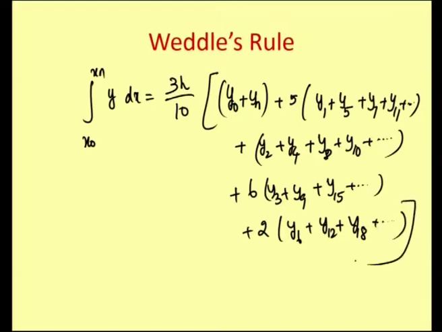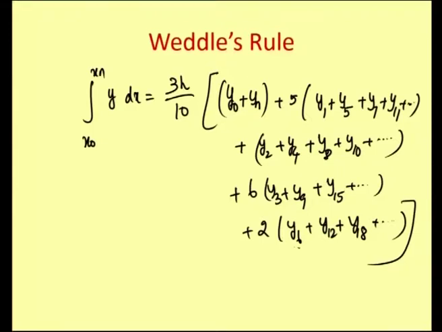The formula goes like this: y0 plus yn is the sum of first and last ordinate. First of all, multiples of 6 are picked out, that is y6 plus y12 plus y18, which is multiplied with 2. Then multiples of 3 are picked out, and if 6 happens to be a multiple of 3, that is accounted there. Therefore, multiples of 3 except multiples of 6 are taken into account and multiplied with 6.